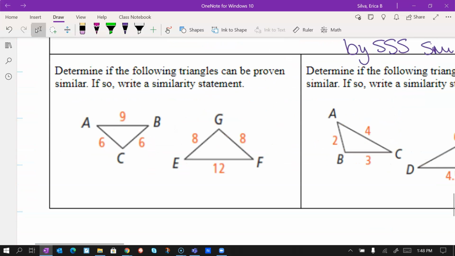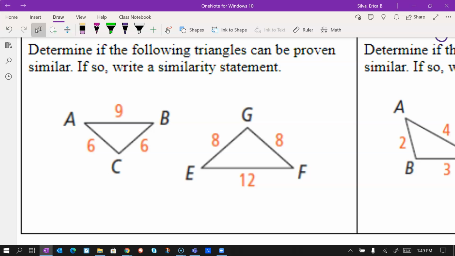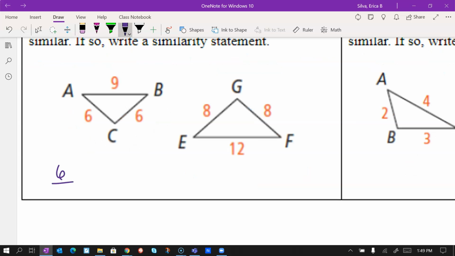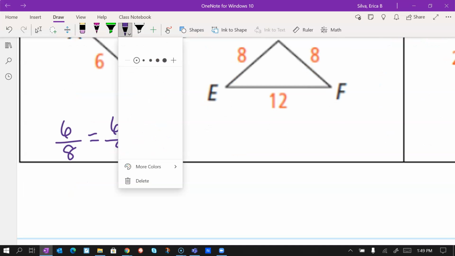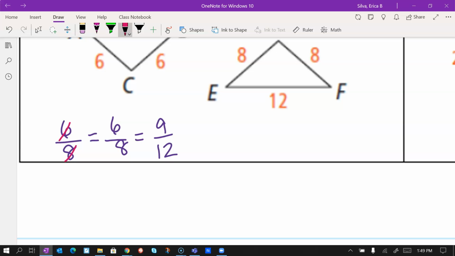All right, let's look at the next one. And what are our ratios on the next one? All right, 6 corresponds to 8. And then the other 6 corresponds to the 8 too, right? Right, 9 corresponds to 12. So let's simplify them all. And what do we get? You want to divide by what? 2? Okay, so if we divide by 2, we get 3/4.